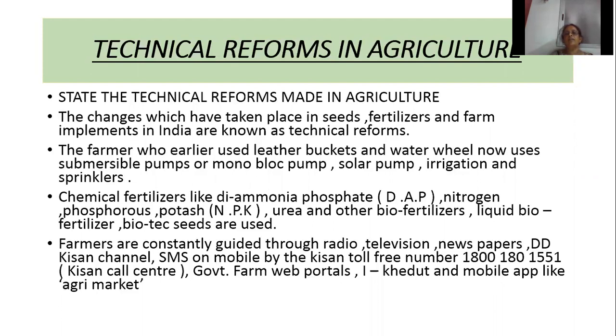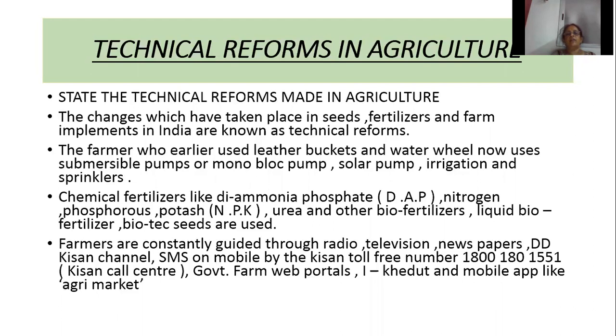Leather buckets, water wheel, etc. Now they are using submersible pumps, monoblock pump, solar pump, irrigation, and sprinklers. So what is meant by technical reforms? The changes which have taken place in seeds, fertilizers, and farm implements in India are known as technical reforms.